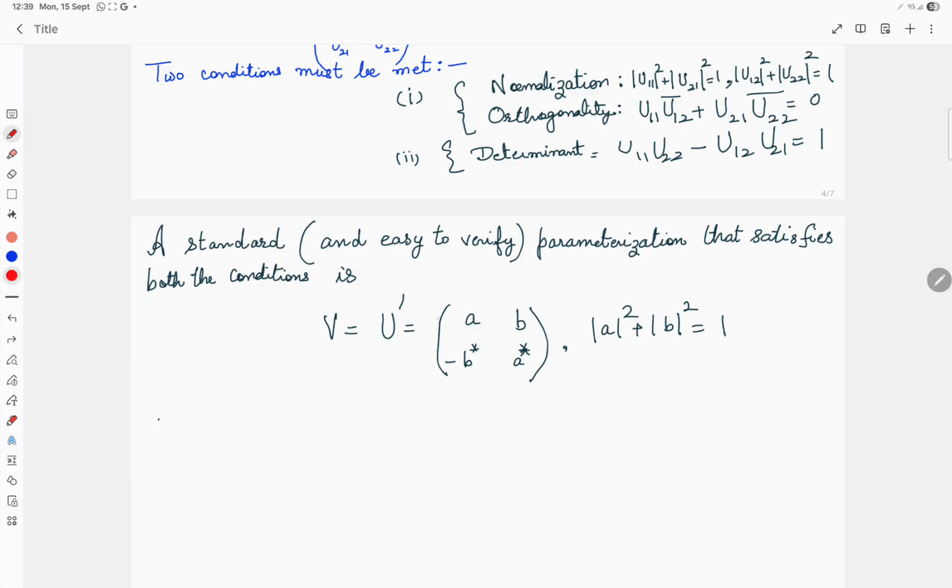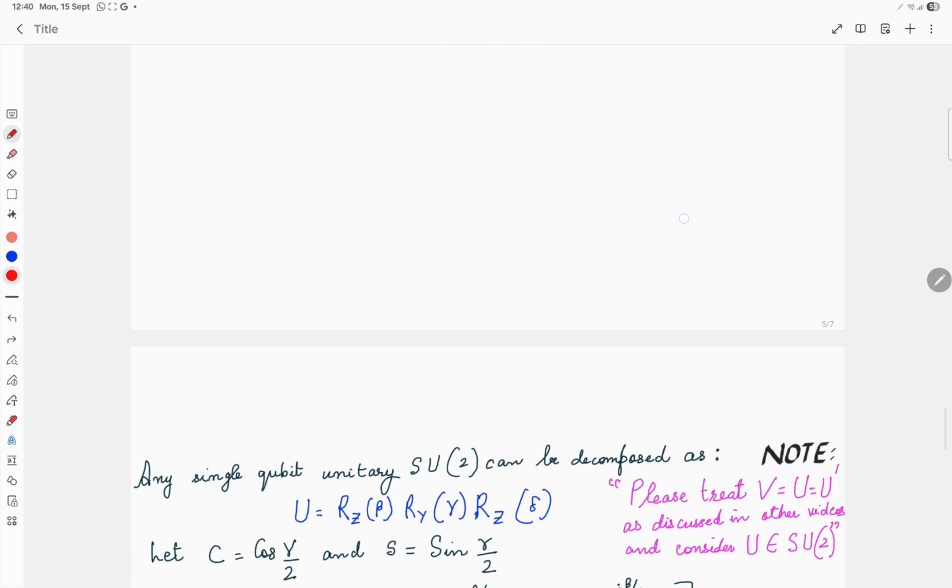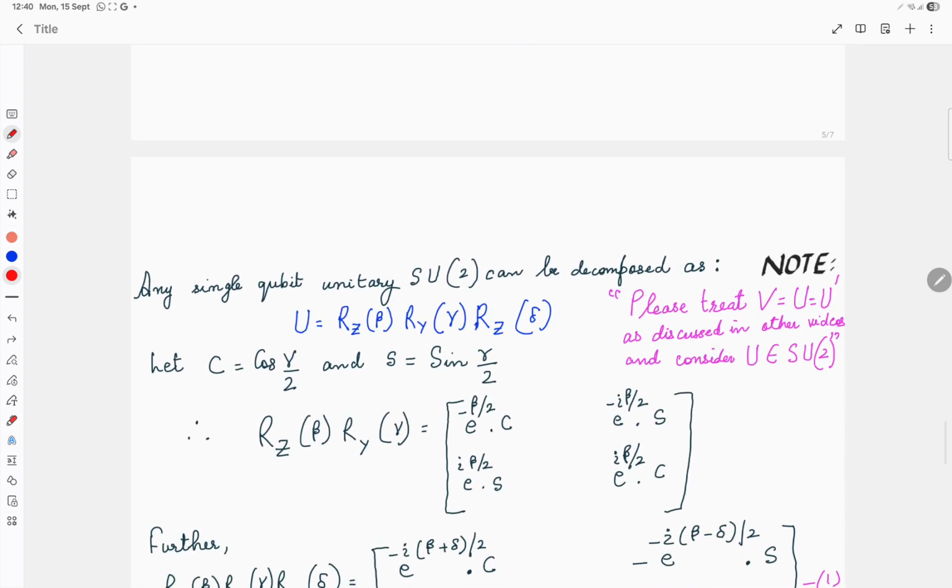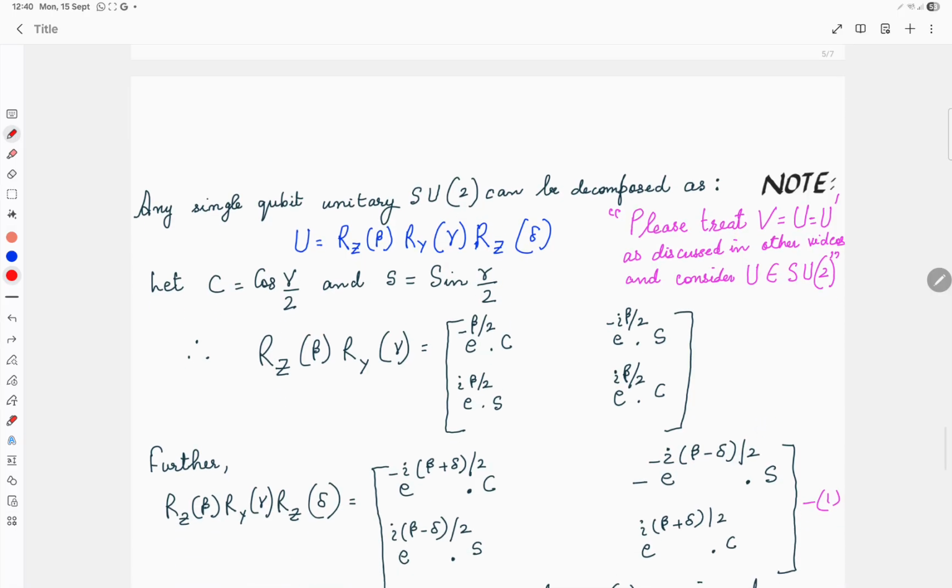This canonical form is a very standardized 2 cross 2 matrix which represents the SU2 group. Now we will use this canonical form to solve various numericals also. So let us see how we can use this form to solve the numerical problem.